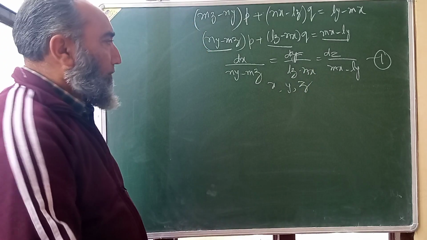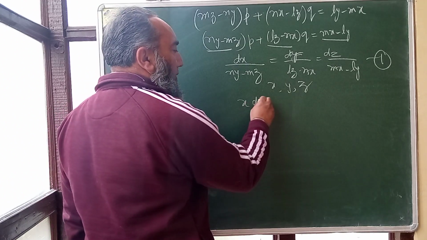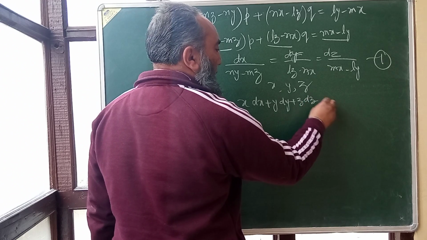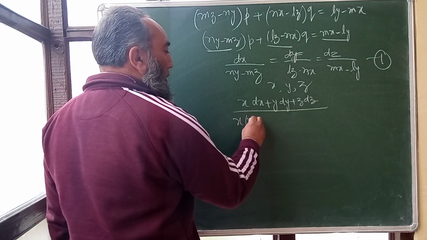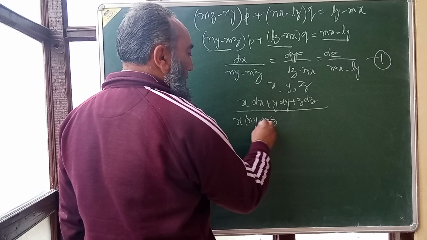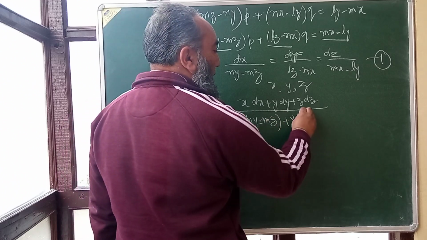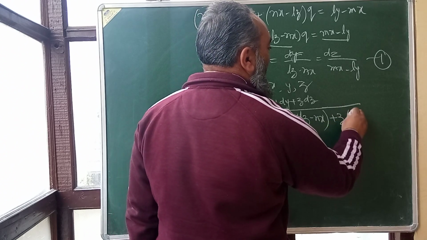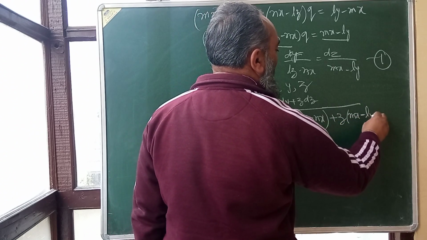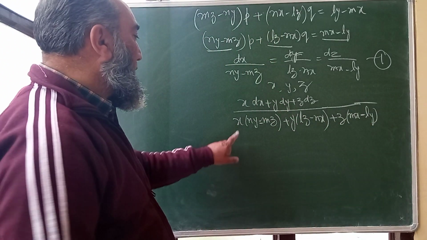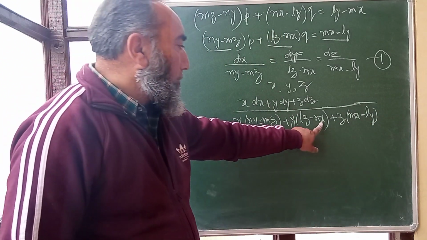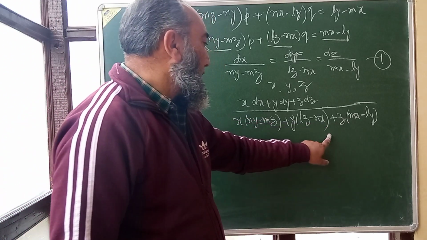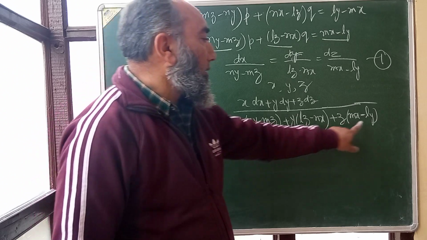You know this question. Each fraction is equal to x dx plus y dy plus z dz divided by x times ny minus mz, plus y times lz minus nx, plus z times mx minus ly. You can see this is nxy minus nxy, mxz minus mxz, lzy minus lzy.